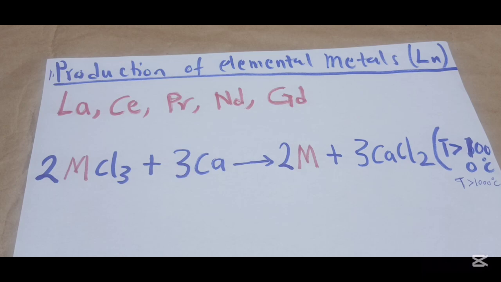So I've arranged the elements in a certain manner that will be somehow easier for you to record them. In the lanthanide series, there are ways of producing them elementally, right? So we are going to look at some equations that produce certain elements in the lanthanide series.